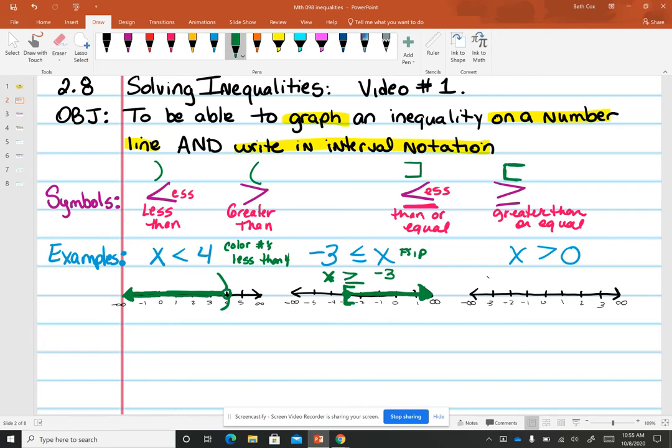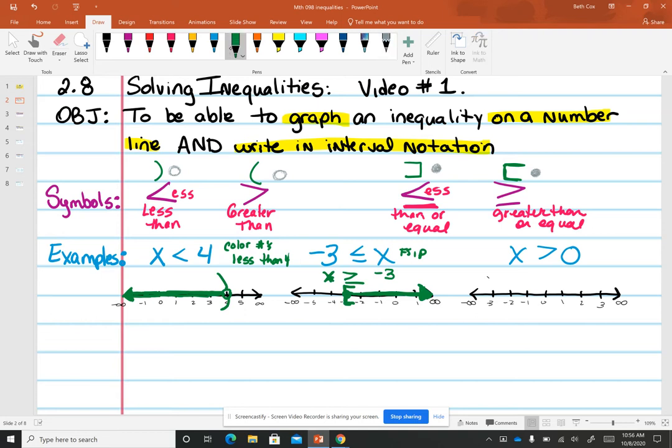Now in high school, you might have done the open circle or the closed circle. This one would be the open circle, and this one would be the closed circle, if you remember that. I'm putting that in pencil because we don't really do that anymore. But we have the open circle for those and the closed circle. You won't really see those, but I'm just mentioning them.